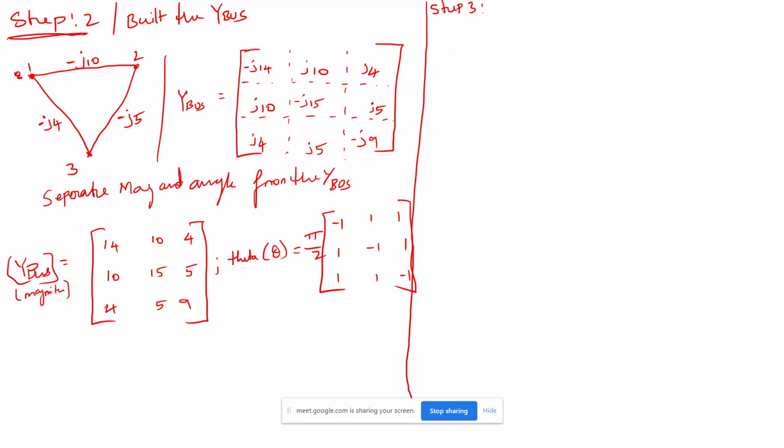So before giving the corresponding equations, let's write what the equations are.